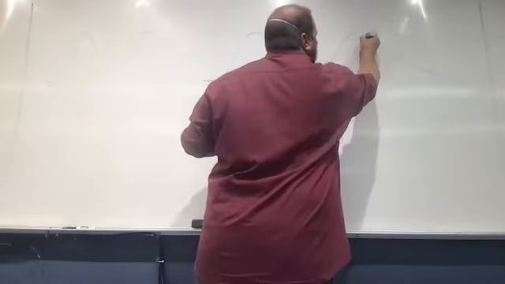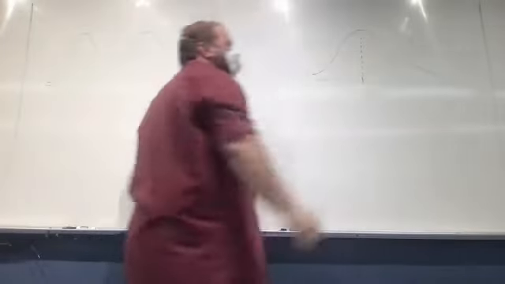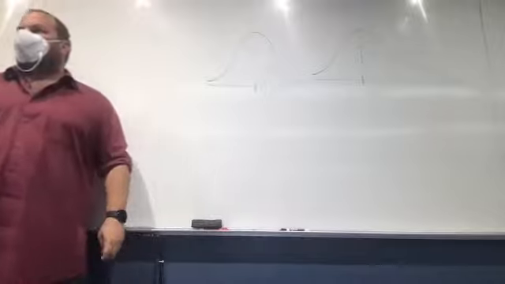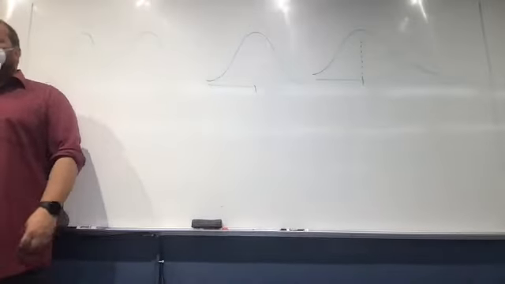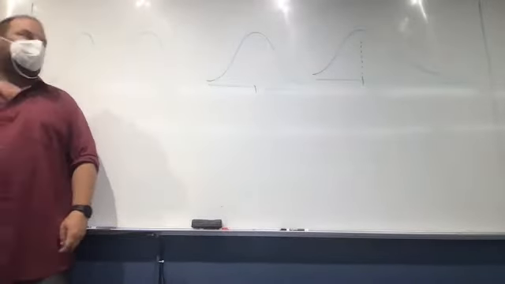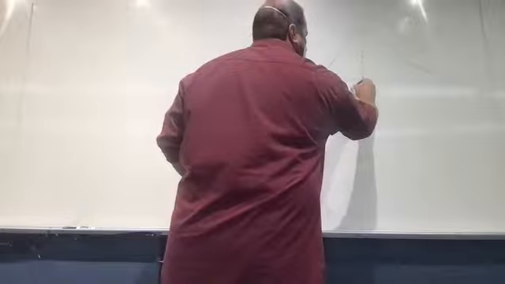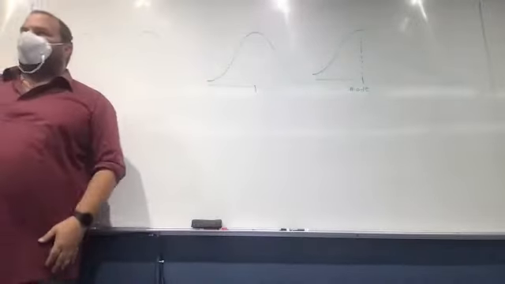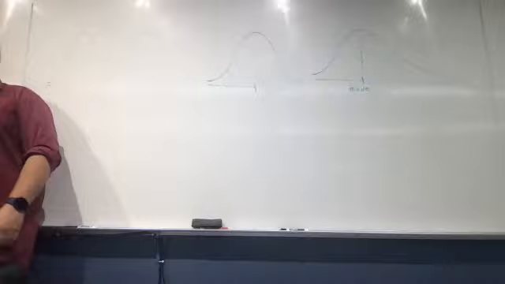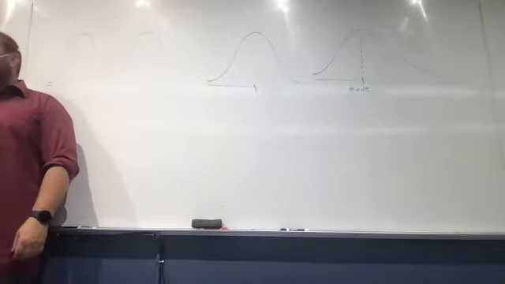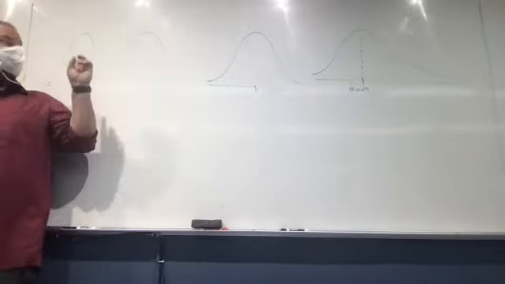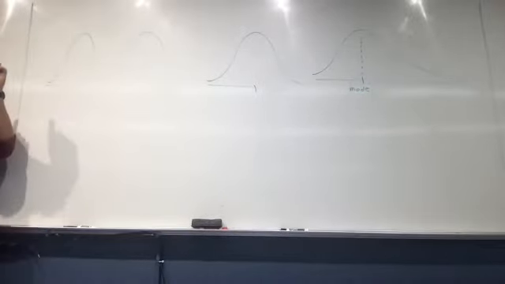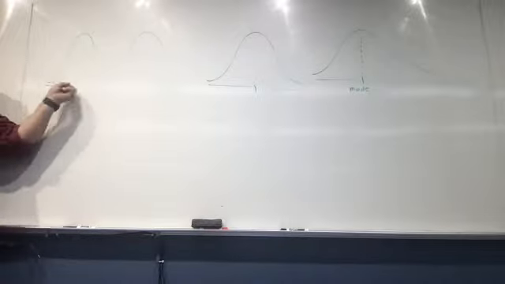So this point here, if I had to give that guy a name, what would it be called? It's not the median. It's certainly not the mean. This is the mode. The mode is the one that occurs the most often. The one that occurs the most often is going to be the peak. Are there modes here? Yes. Where are they? There's 2 of them.